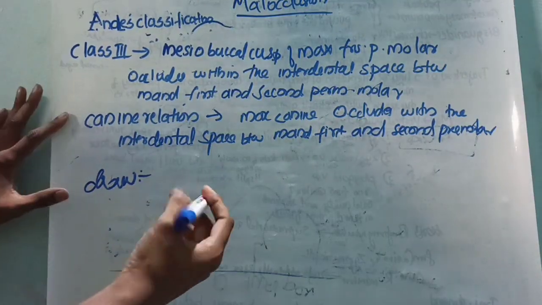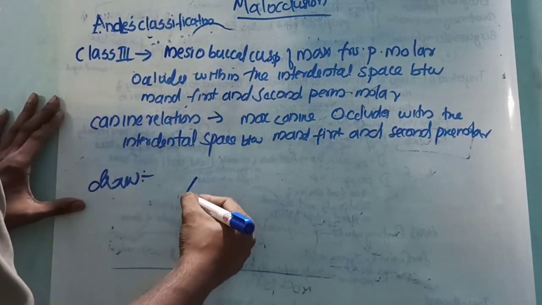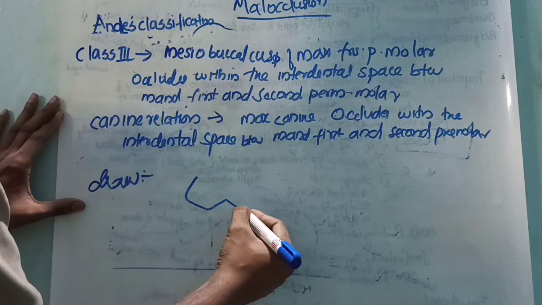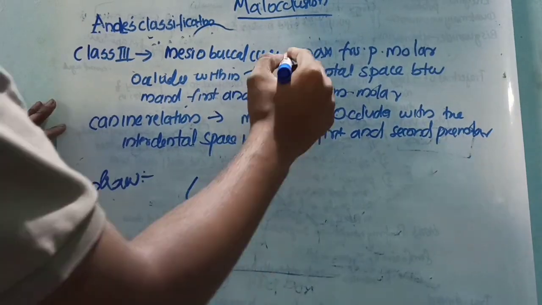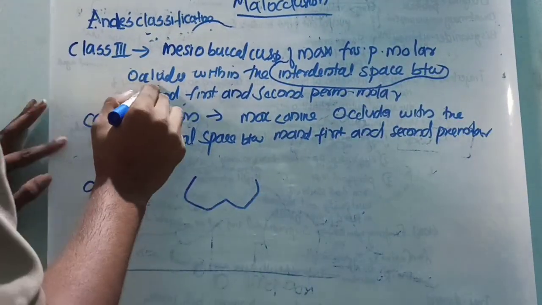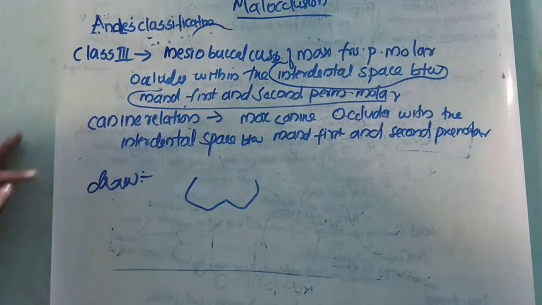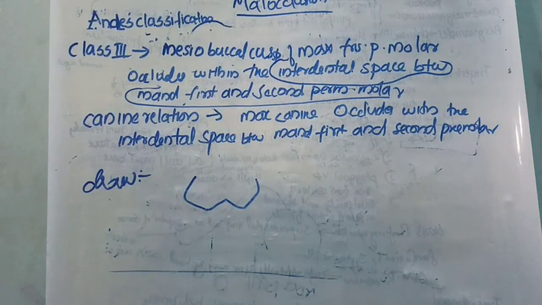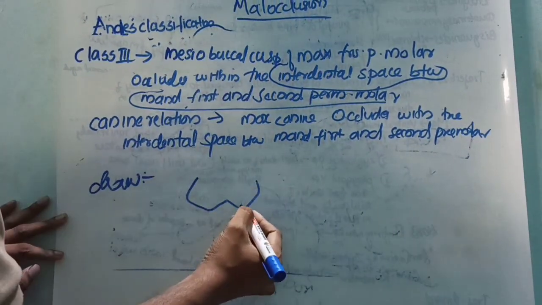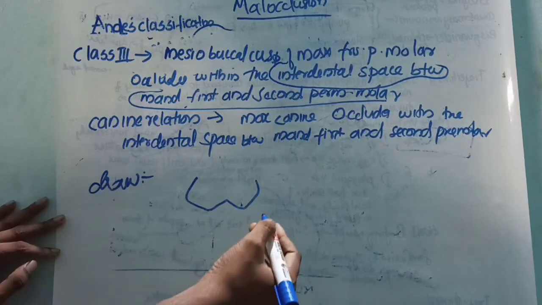First we draw the maxillary permanent first molar. This is the mesiobuccal cusp, occluding with the interdental space between the mandibular first and second permanent molars.